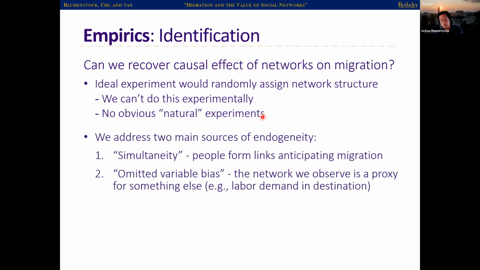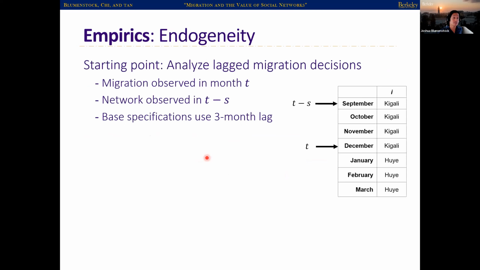But what we're going to do is try to address the two main sources of endogeneity that we're worried about. And I'll fully acknowledge that our identification isn't airtight. That's partly why we have the structural model that I'm not going to talk about. But I do want to convince you that we can do a little bit to deal with endogeneity here. The first thing to worry about is basically reverse causality: when we observe that high migration rates correlate with certain types of network structure, how do we know that it's not the migration that's causing the change in network structure?